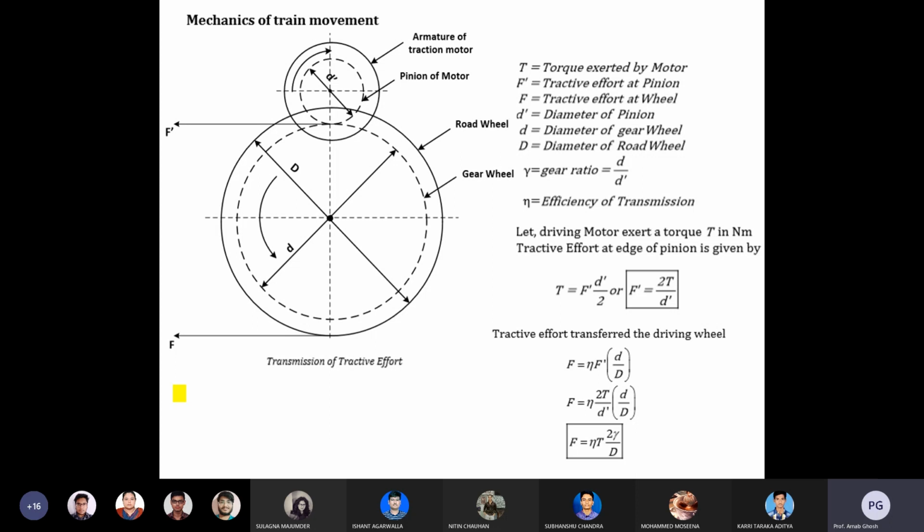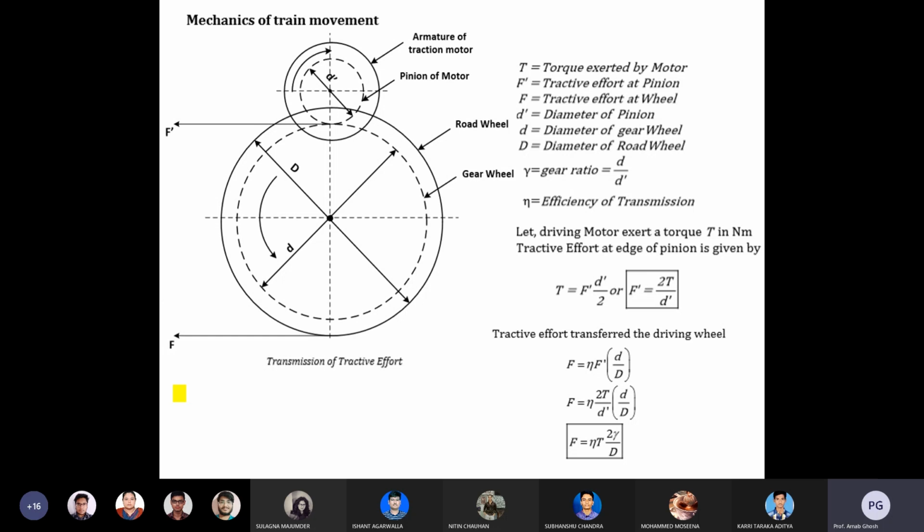Number one pattern is that some numerical problem may be given with data based on the speed-time characteristics of different traction systems like mainline service, suburban, and urban systems. This is one pattern of the exam.